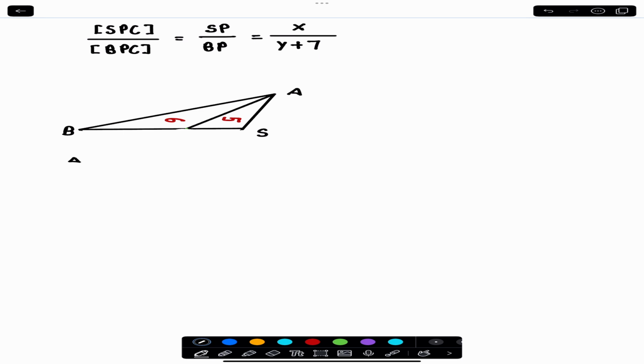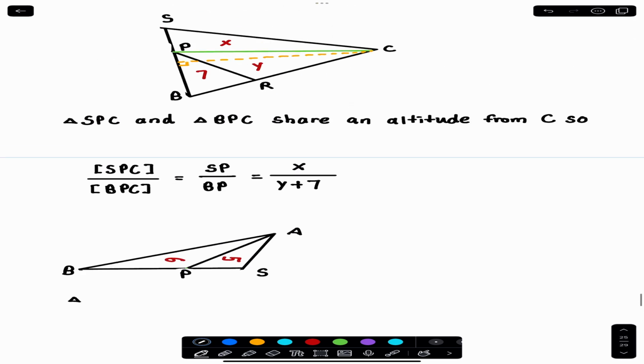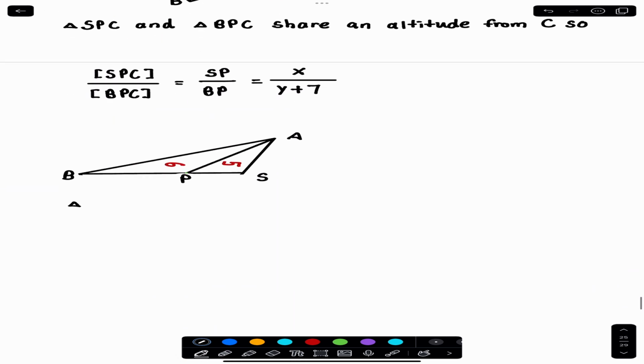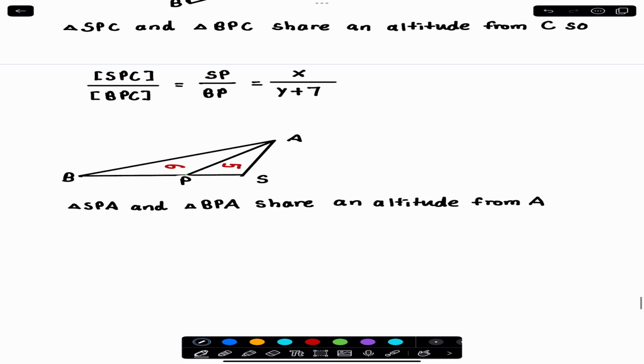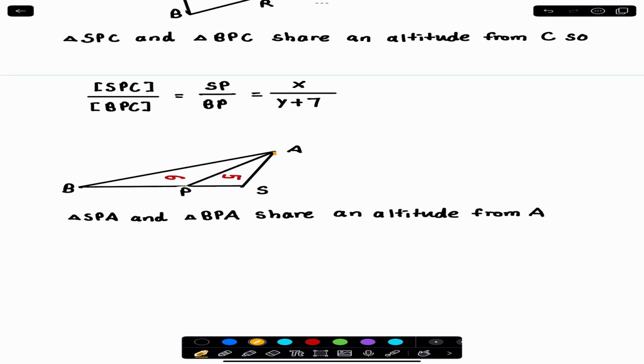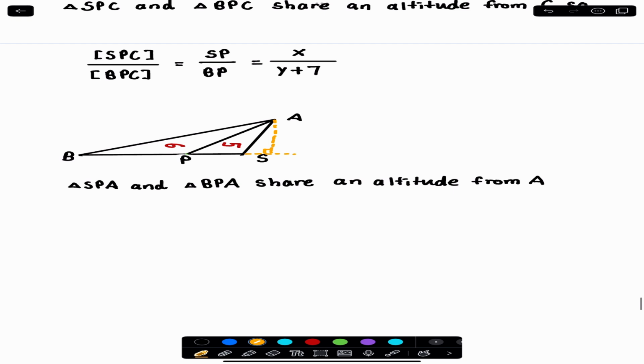So, triangles, I believe that was P, right? Yes, it is. Triangles SPA and BPA share an altitude from A. Let's draw it in. So for both of these triangles, we're going to have to extend it out until it meets.